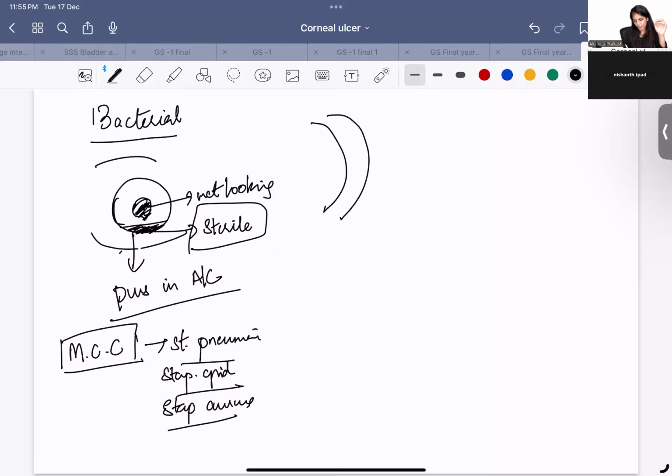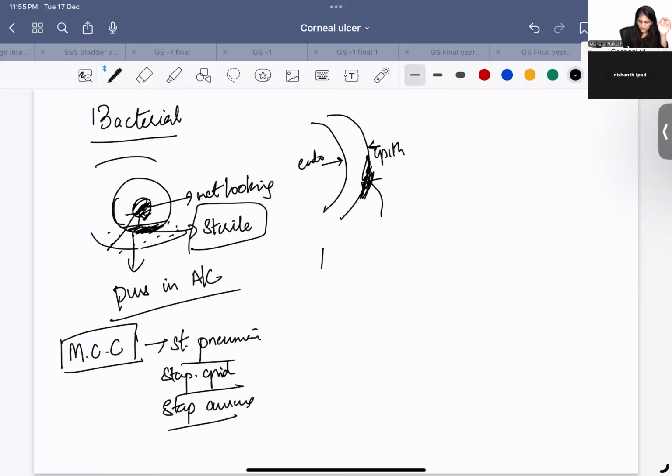This is your cornea cut section. This is your epithelial side. This is your endothelium. So most corneal ulcers, even if the bacteria are in the conjunctiva, don't usually cause a corneal ulcer. There has to be some epithelial defect, a breach where the organisms can gain entry.